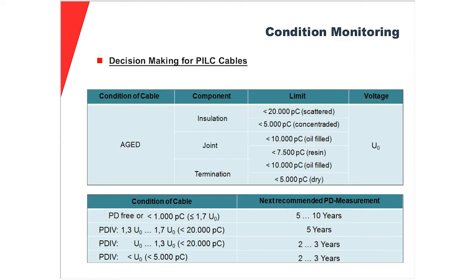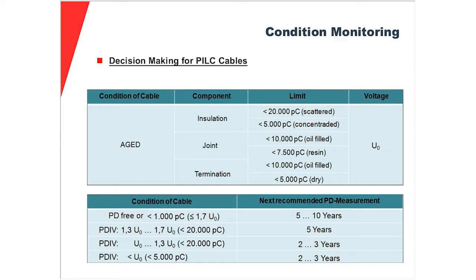If your cable is PD-free up to 1.7 U0, we advise you to redo the test after 5 to 10 years. If you have inception voltage between 1.3 and 1.7 U0, we advise you to do it within the next 5 years. And then if you have an inception voltage around U0 and 1.3, 2 to 3 years.